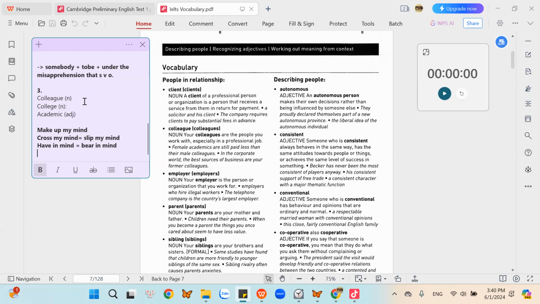That is a big misapprehension. People think of my school as college, not as university, under a misapprehension.